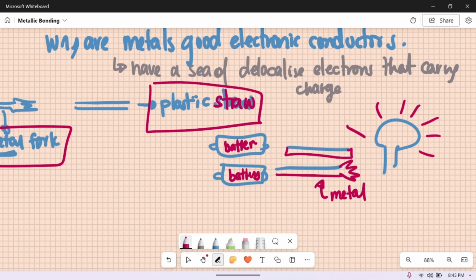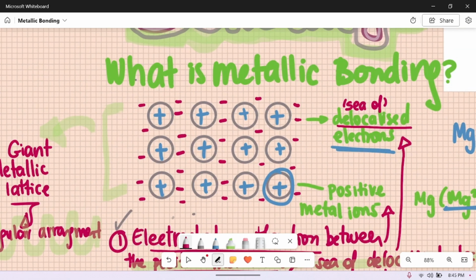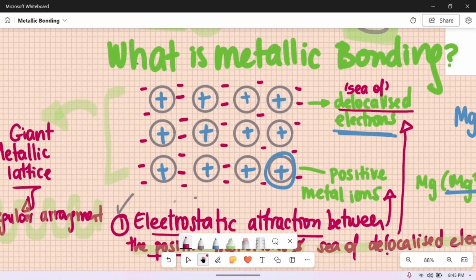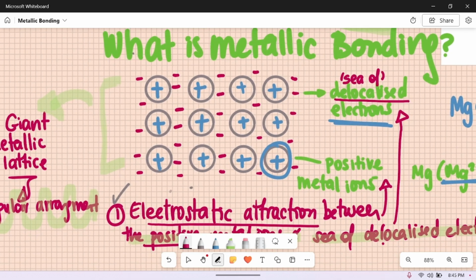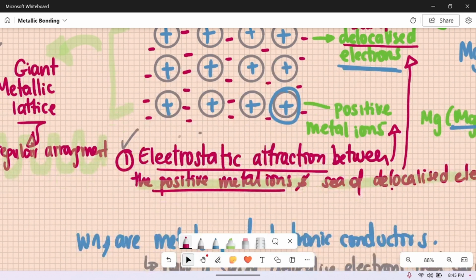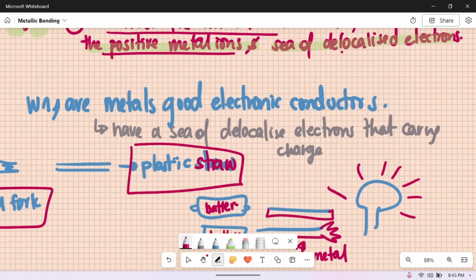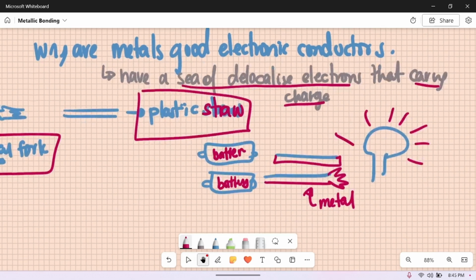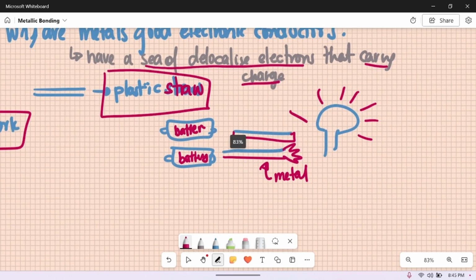But why is that? If I go back to this image right here, we have a lot of electrons just laying around. They are delocalized, okay? So this sea of delocalized electrons, what they do is they carry charge. They are like little trucks with wheels.